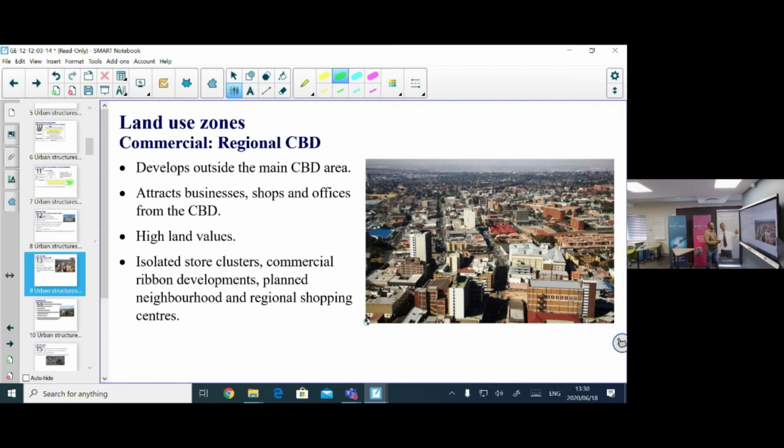We can talk of places like Vereeniging, Benoni, Centurion, Midrand and so forth. These are areas outside the main CBD, and they are attracting businesses and shop offices from the CBD.